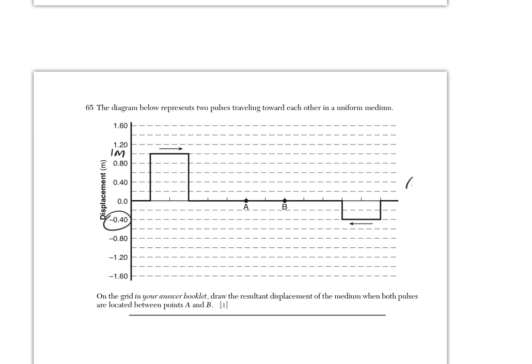So we have 1 meter minus 0.4 meters, and that gets us positive 0.6 meters. And so the pulse in the middle for AB is still going to be up, but it's going to have an amplitude of 0.6 meters. And that's my pulse. Now, you would do that in your answer booklet, but I'm kind of doing it on this grid instead.